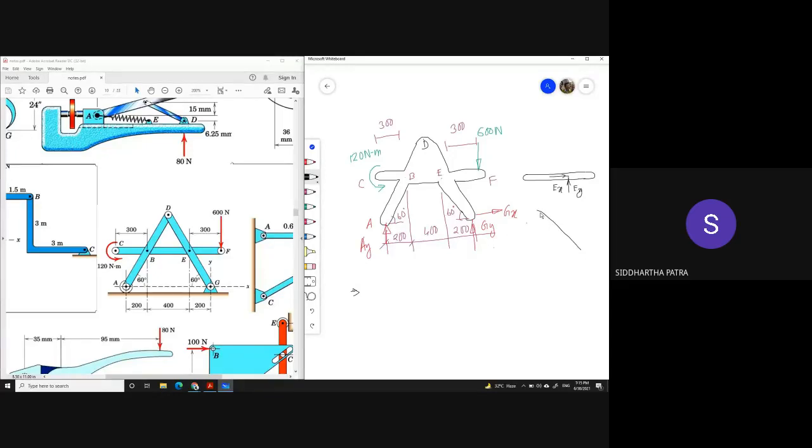Of course, the member DG provides that. So let's take DG, and at E, it must be receiving the reaction of these two forces, which is negative EY and negative EX.